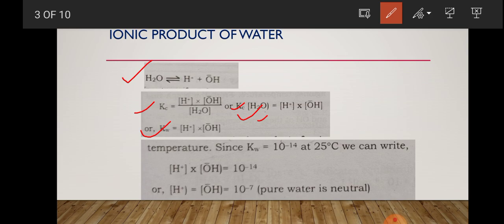So Kw equal to concentration of hydrogen ion times concentration of hydroxide ion. And here Kw is known as the ionic product.